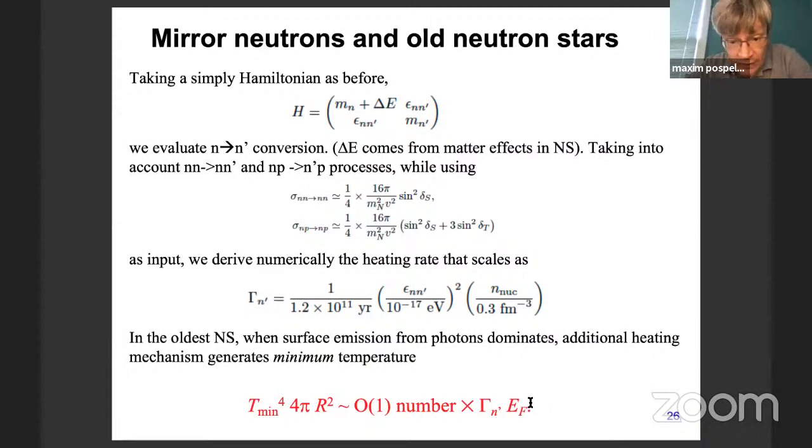I forgot a very huge number here, the number of neutrons, but you basically equate the two rates, and you get the connection between the minimum temperature and the fundamental parameters of your model.